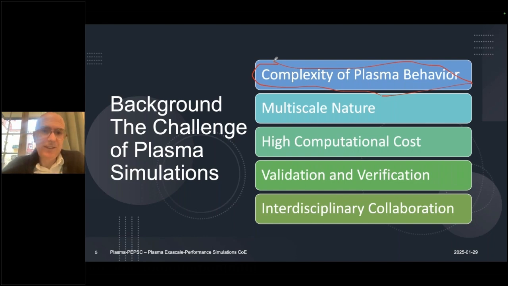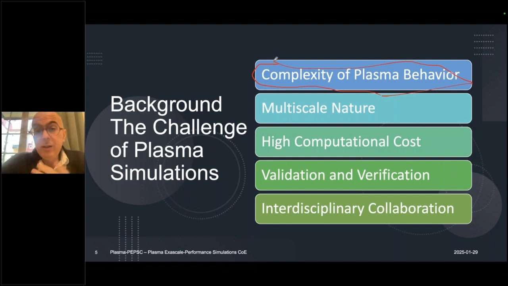So you can already imagine that electrons are very, very small in mass when compared to protons. So they are free to move very, very quickly. The protons are much more massive, so they move way, way slower.